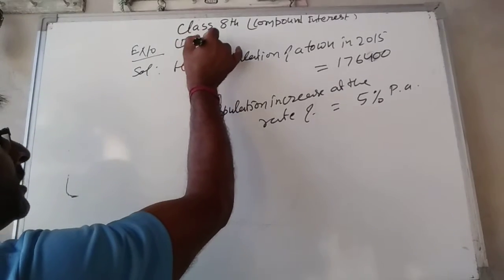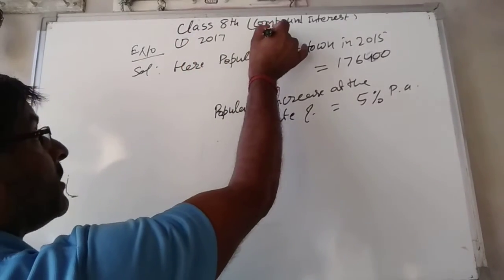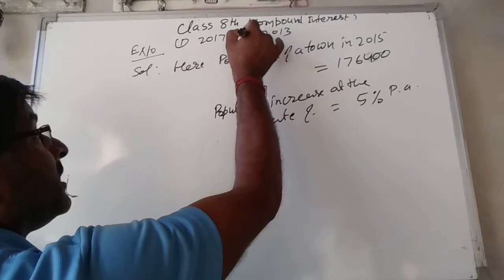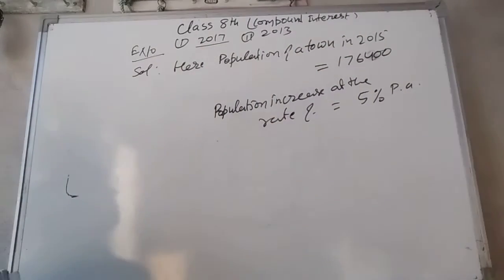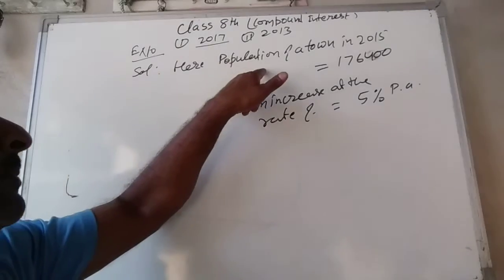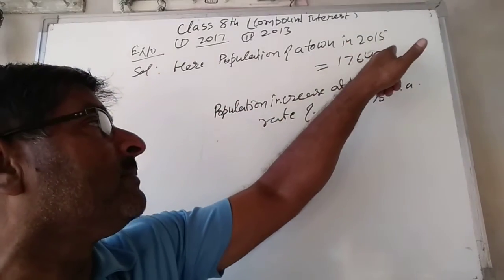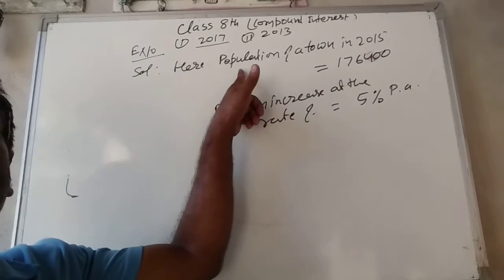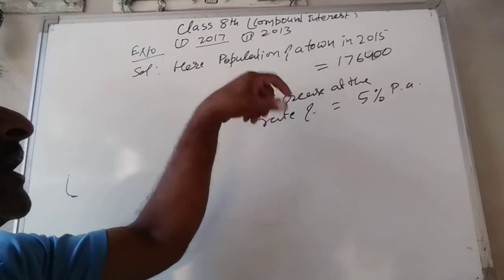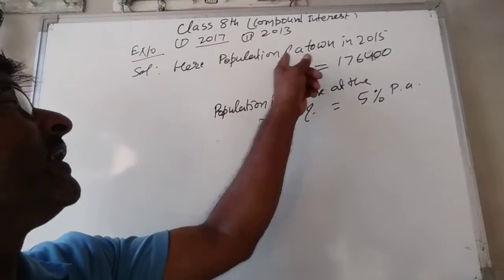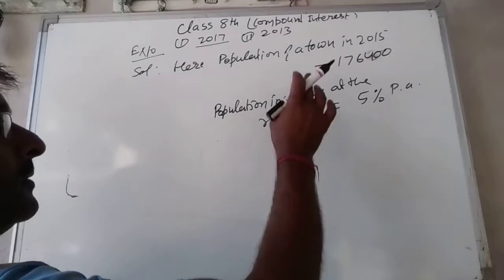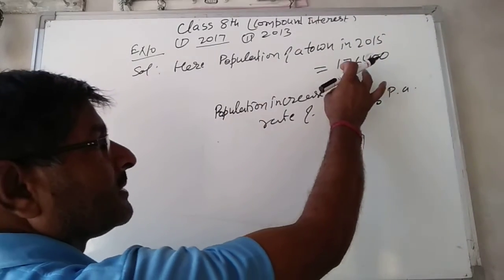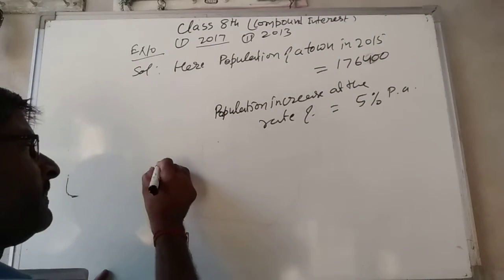He is asking in 2017 and 2013. As I am telling you, when we want to find the population in 2017, the population of 2015 becomes the principal. You can use it as the principal, but don't give it the name principal.